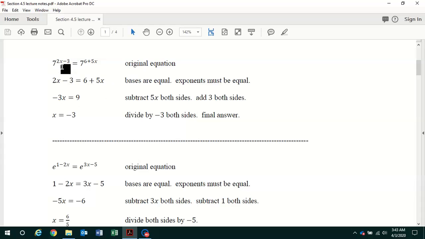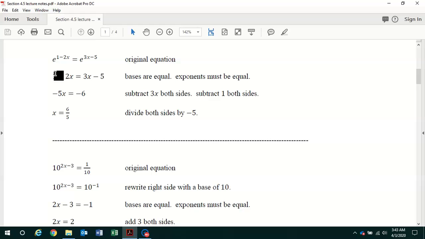If you put in minus 3 for x in the exponent on the left hand side, you have 2 times minus 3, which is negative 6. And on the right hand side, when you put in minus 3 for x in the exponent, you have 6 plus 5 times minus 3, which is minus 9. And so minus 3 put in for x makes the left hand side equal to the right hand side.